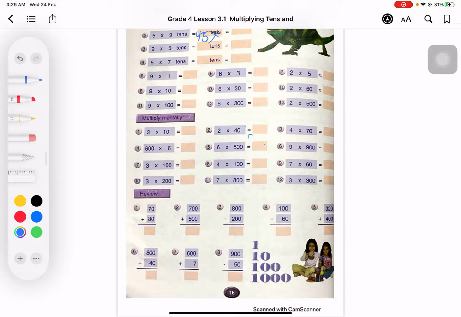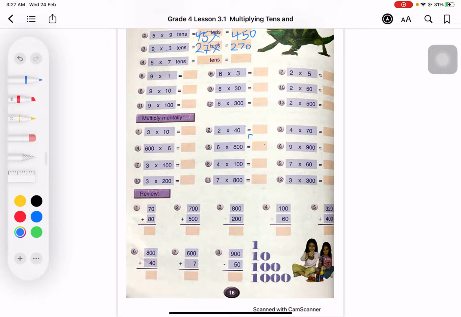In the second box, what you are going to do, you are going to write 450. Because you cross the tens. Now, 9 by 3 tens. How much? The basic fact is 9 by 3. It is 27. 27 what? Tens. Cross the tens. You need to give the product 1 zero instead of the tens. So my number will be 270.